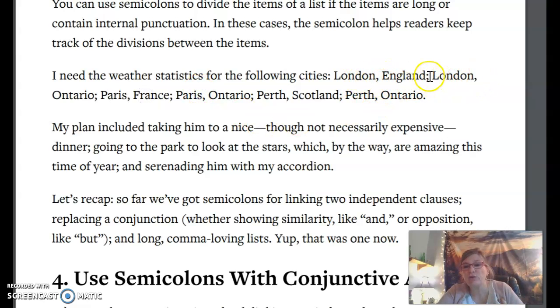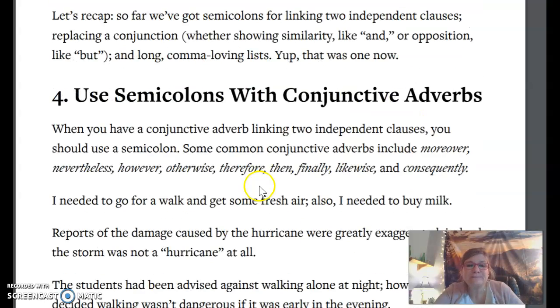And if we used only commas, we would think it was London, England, London, Ontario, and all those things would just fade into one big list. But when we use the semicolon, it all makes sense. Notice that there is no and here. Again, there's no conjunction, just like there was when we used two independent clauses.